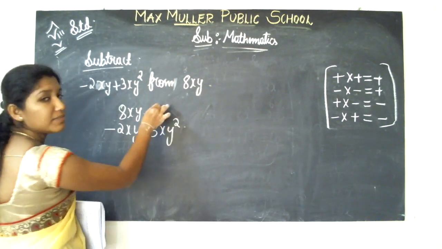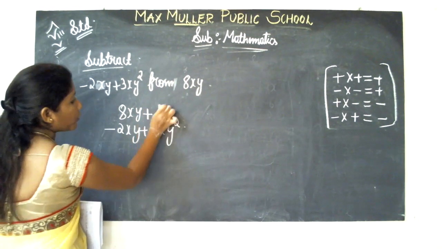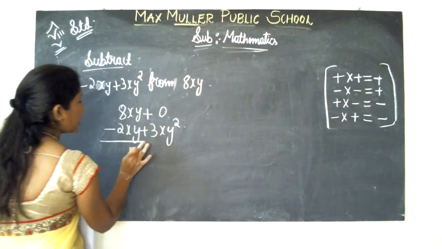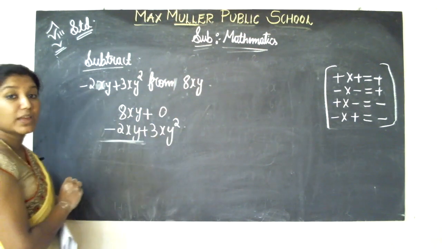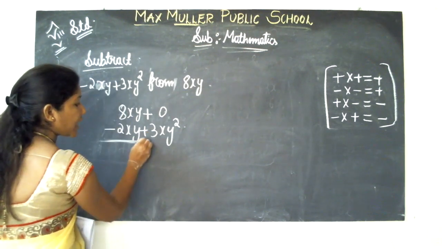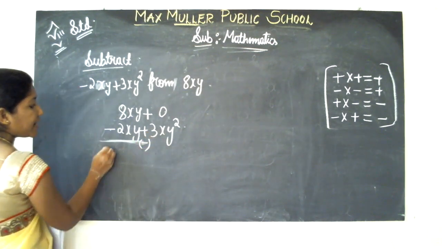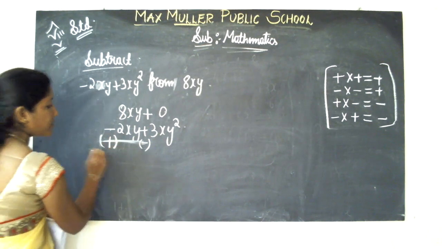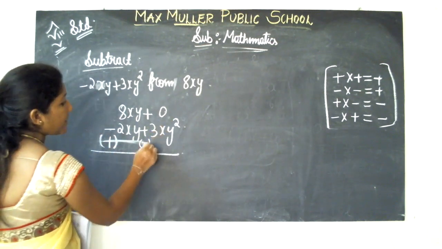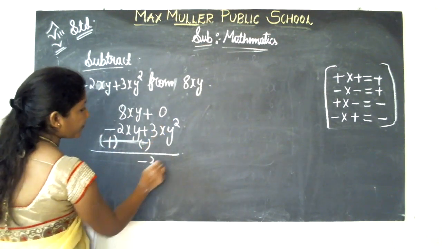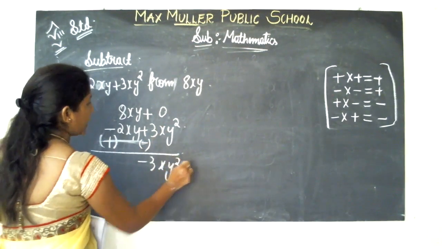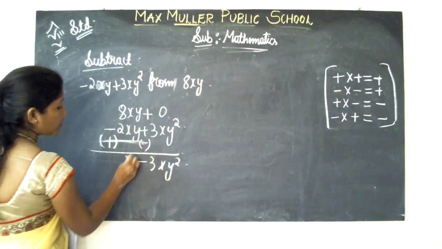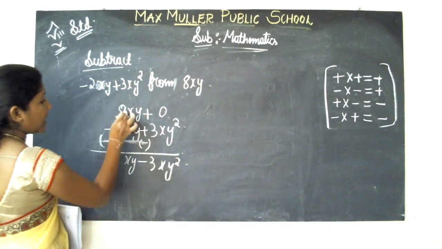If no term is there, you have to put it 0. Understood? Next, under subtraction, the main thing you have to do is change the positive to negative, negative to positive. So here it is minus 3xy square. And here xy, write the variable like that only.